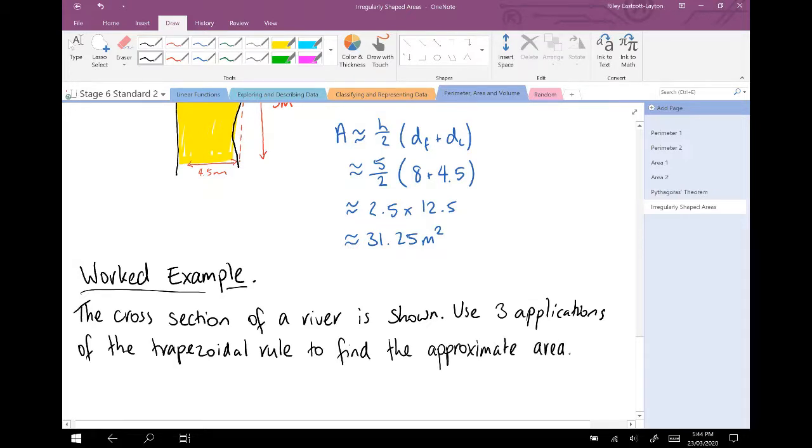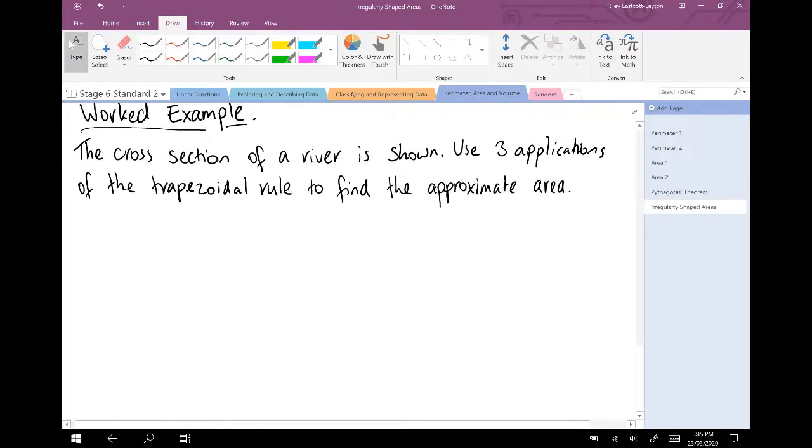All right, now this is where it becomes important. Well, I guess it's important in every case, but this is where we can really see how our h plays into multiple trapezia. So we've got a fantastic diagram that looks a little bit like so. There we go. The question tells us that we've got 4 meters gap between each of these. 4 meters, 4 meters, 4 meters.